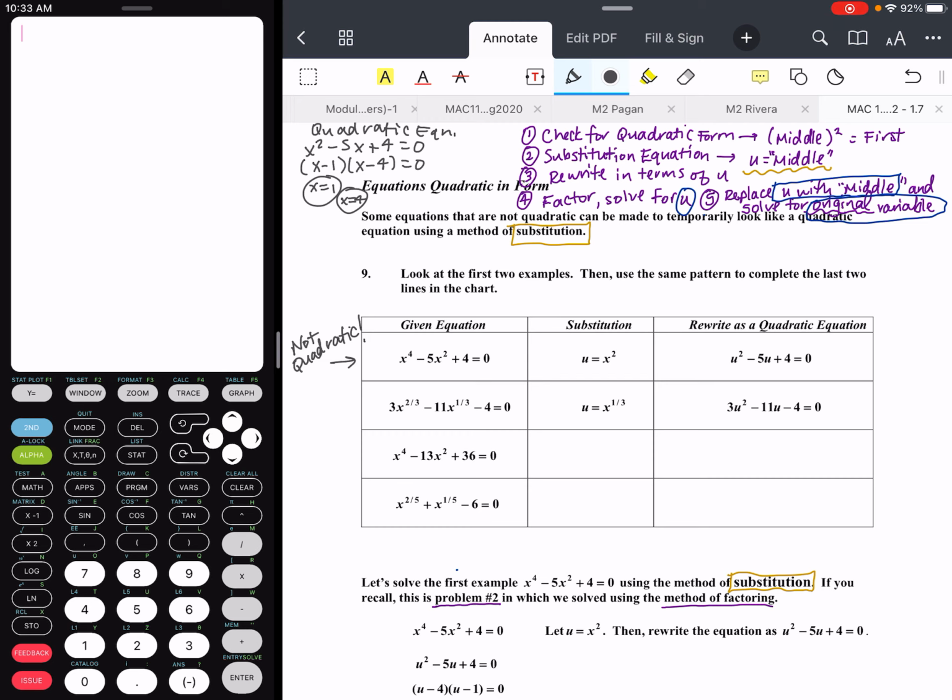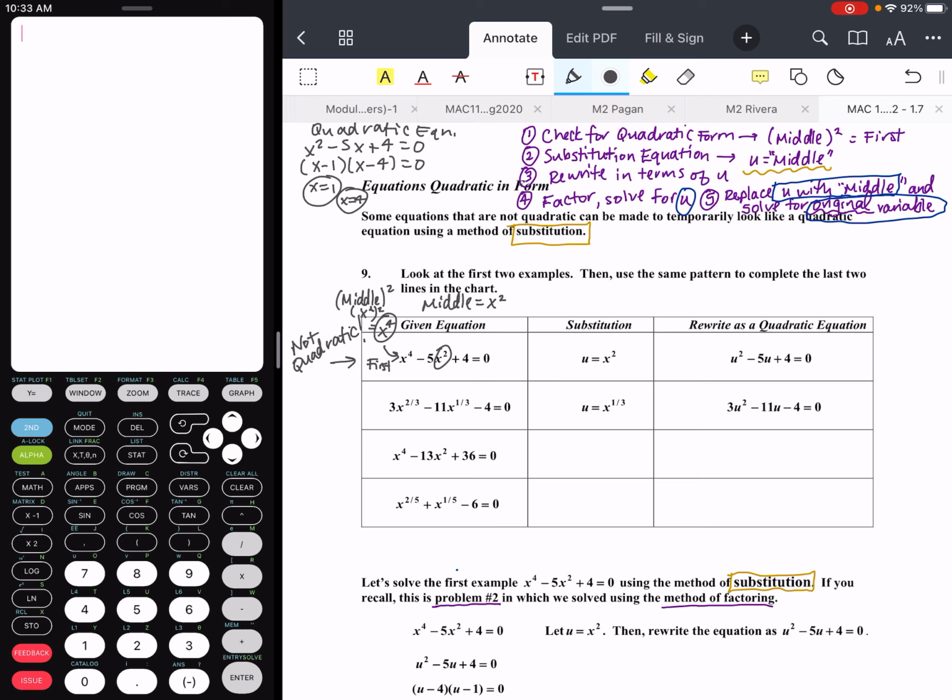And this isn't proper math terminology, but the way that I think of it is, if you take the middle variable, which is x squared, and square it, which would be x squared squared, you get x to the 4th, which is that first variable.